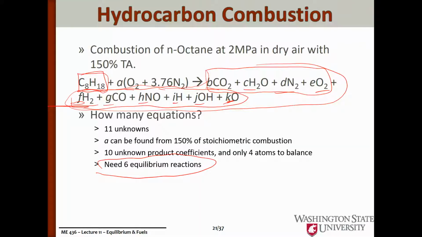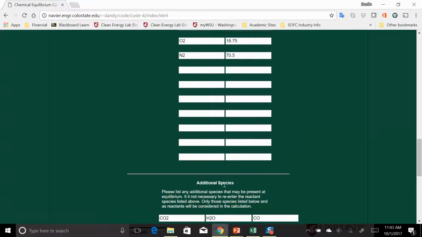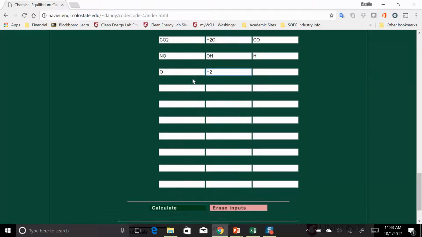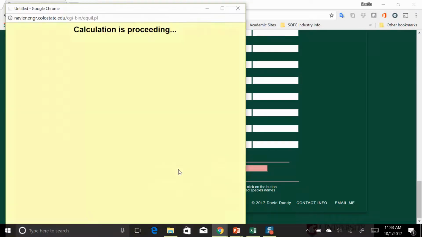CO2, nitrogen, hydrogen. Okay, I'm missing H2. All right, so now I've got my 8 species here plus these 2 species, so those are the 10 species in my products, and all I have to do now is come to the bottom and hit calculate, and it'll open this up.